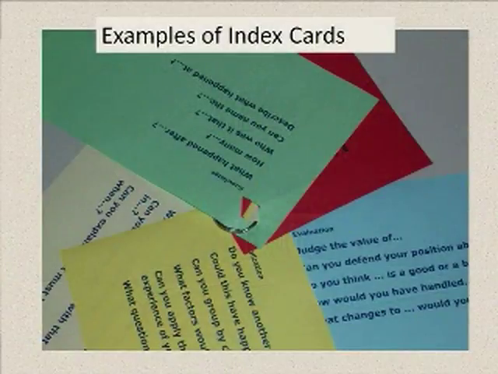You could just go online and type in Bloom's taxonomy question stems, and you'll see a plethora of sites come up. What I would like you to do is get some index cards that you could easily punch a hole in and fasten with a ring. You can have one card for each of the levels of Bloom's taxonomy, and on them write some of the question stems that we offer in our toolkit or that you can find online.